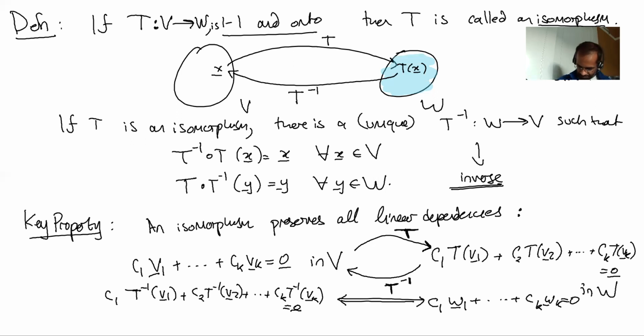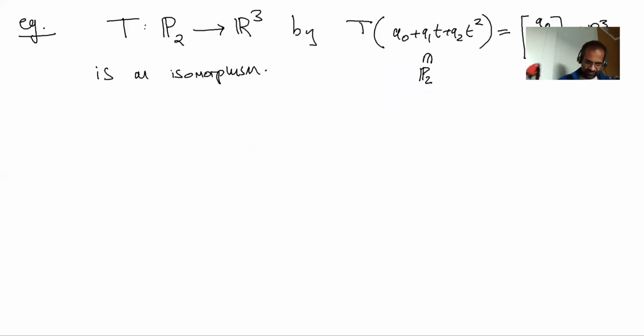So, okay, this is an example of an isomorphism. And what do I mean by this principle? For example, suppose I'm interested in some statement in the world of polynomials.